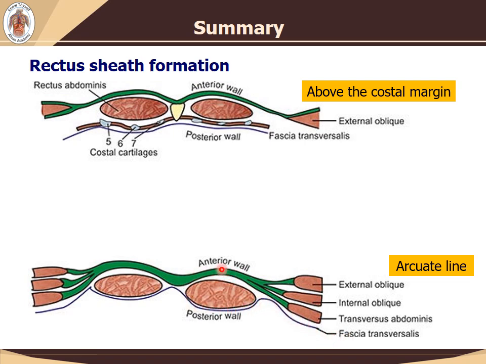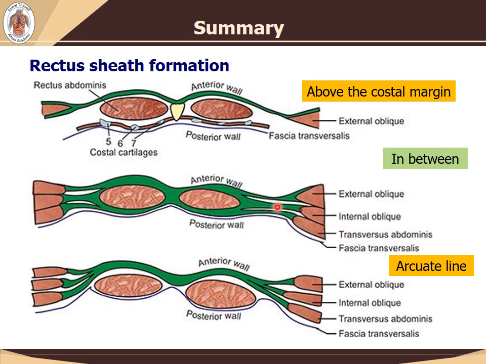So there is only an anterior layer like this one, but it is a fusion of the three muscles. In between, this is the major type. You see the anterior layer is formed by the external oblique aponeurosis and the split anterior lamella of the internal oblique.